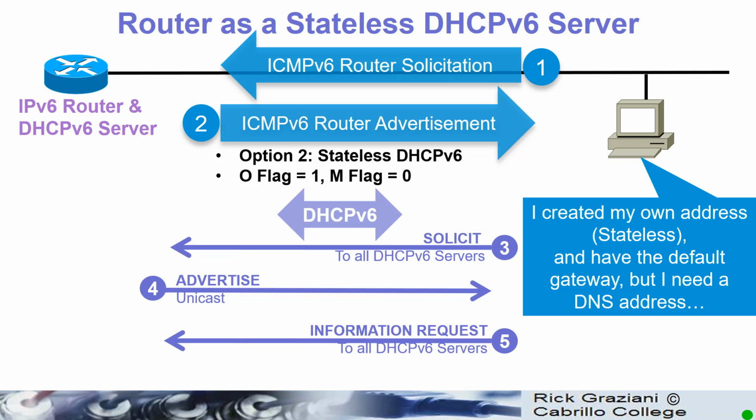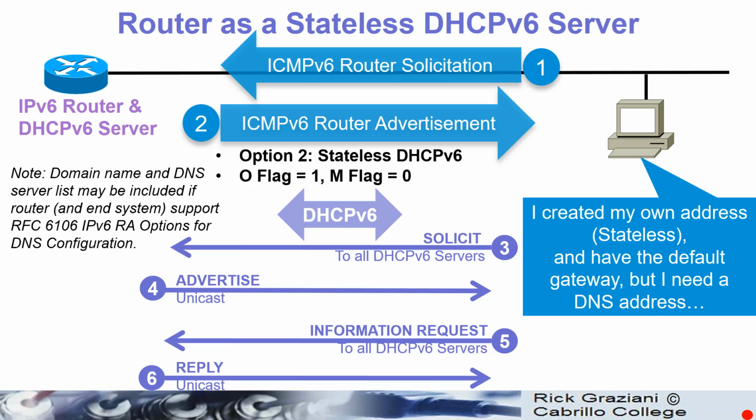An information request to all the DHCP servers, and then a reply, which will be unicast. The domain name and DNS server lists may include, if the router and the end system support, again, the RFC 6106 IPv6 RA options for the appropriate DNS configuration.